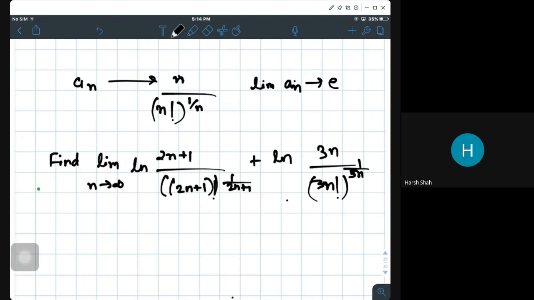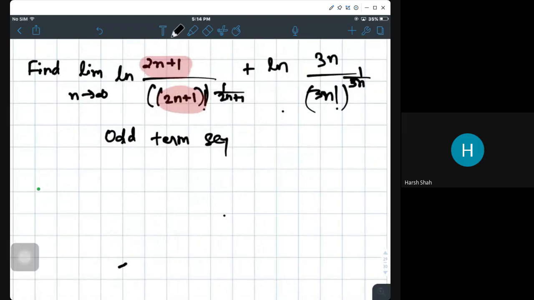If you see this part, this is my odd term sequence, right?